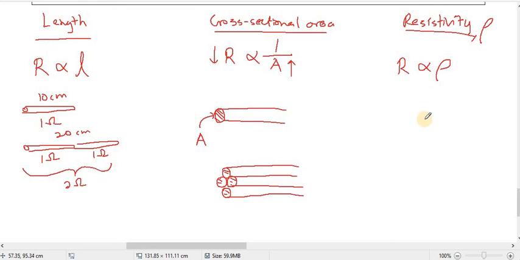Resistivity refers to the property of a material to resist or oppose the flow of charge. So that means resistivity depends on the material. For example, different types of conductor will have different resistivity. Iron has its own resistivity.